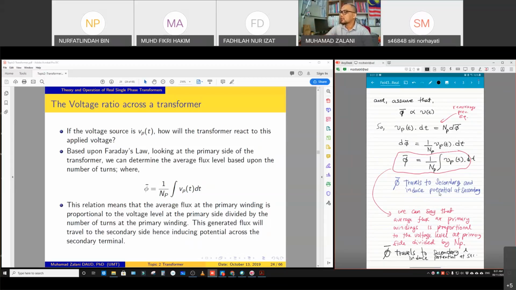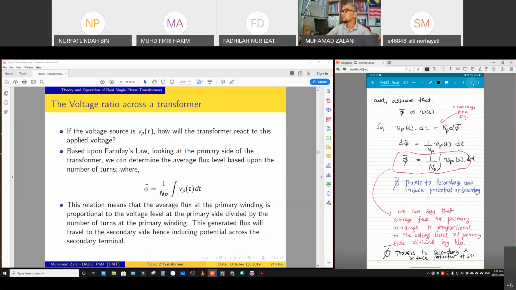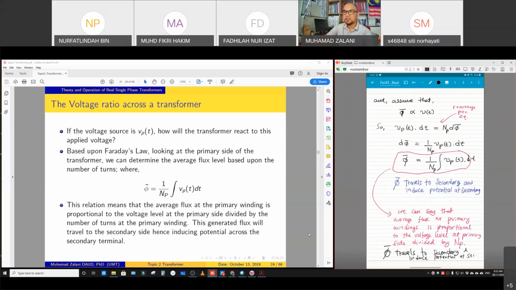So this is the translation to this mathematical equation. Basically, this average phi at the primary will be traveling through the iron core of the transformer up to the secondary part, which later will also induce the voltage at the secondary part of the transformer.